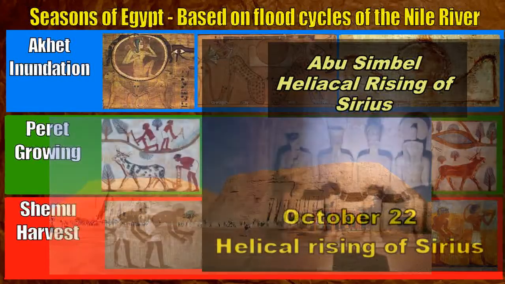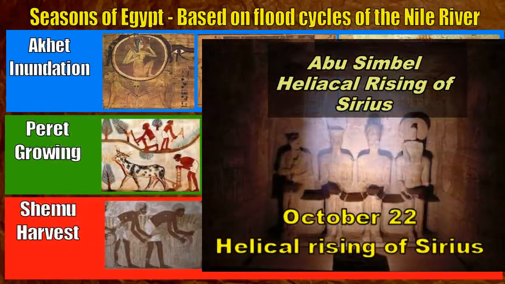Sirius remains the brightest star in our night sky. That was connected to Akhet, the flooding cycle, the inundation cycle.